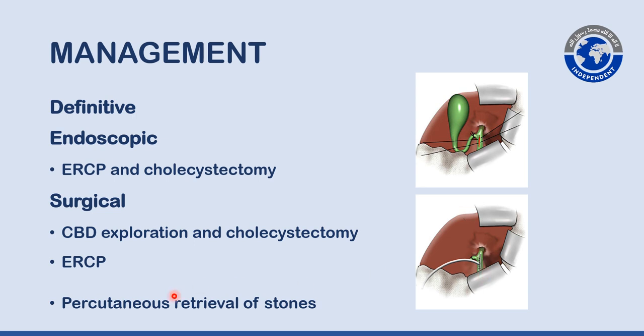And if there are residual stones, this tract from the T tube can be used for percutaneous retrieval of stones. Just to remind you, endoscopic management includes ERCP and cholecystectomy. Surgical management is CBD exploration and cholecystectomy. This can be done by both open and laparoscopic approach.